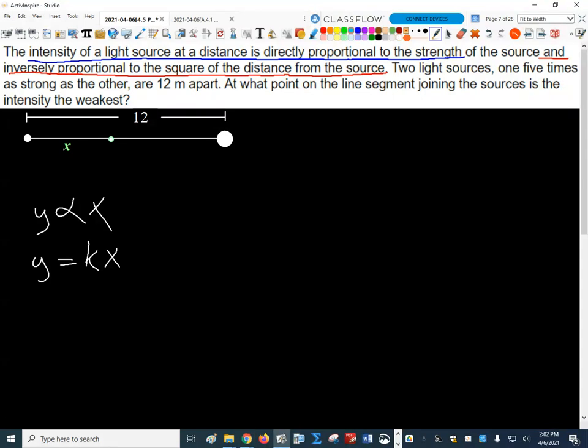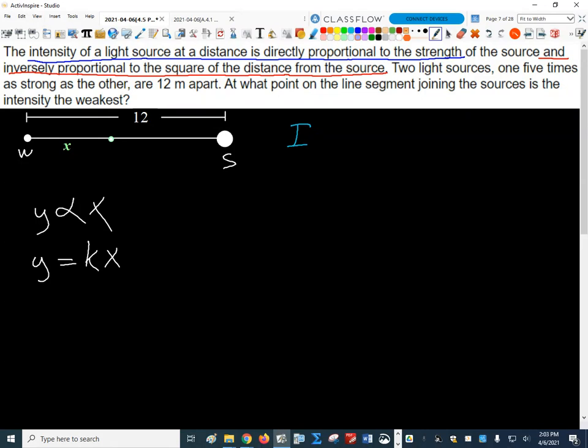Well, one thing we could say is something like the intensity. So let's call this I. And this is going to be the weak one. I set this up between classes. So this will be the weaker source, and this is the stronger light source, right? The weaker one's a little smaller, the stronger one's a little bigger, we'll say.